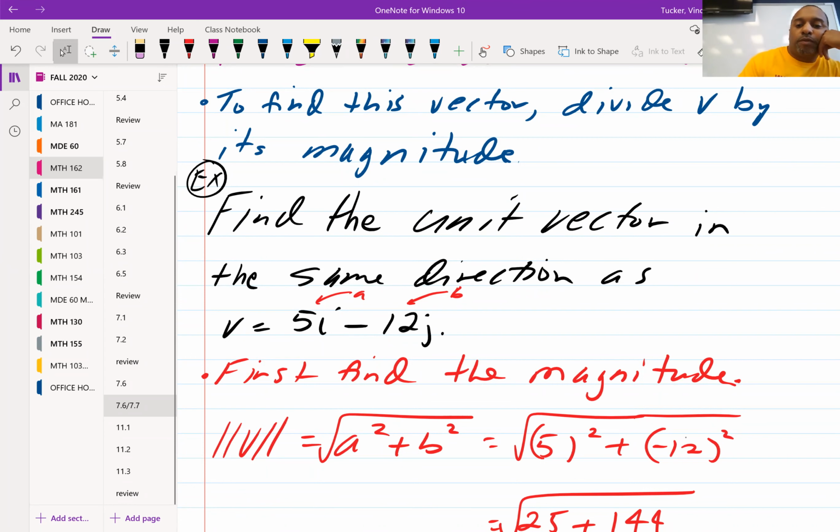First, we want to find the magnitude. We just finished doing this before.